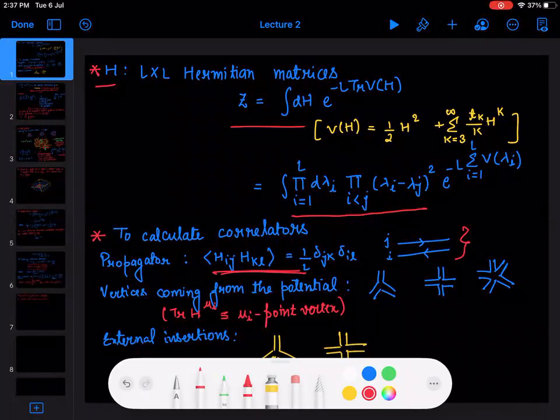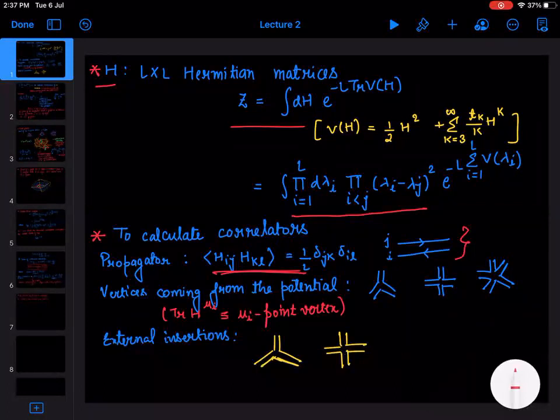And then we also saw that if we want to calculate the correlation function, or the expectation value, of some function which is trace H to the power mu_i, then we can interpret this, if mu_i is say 4 or 3, like these 4-point or 3-point vertices. And to get all the Feynman diagrams, what we have to do is all possible contractions of these vertices.